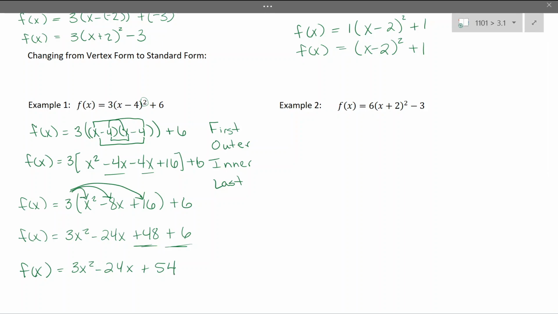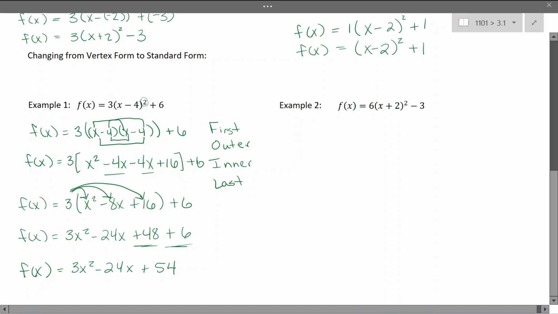So we have f of x equals 6 quantity x plus 2 squared minus 3. Again, the first thing we're going to do is square this. So we're going to have f of x equals 6 times x plus 2 times x plus 2 minus 3.